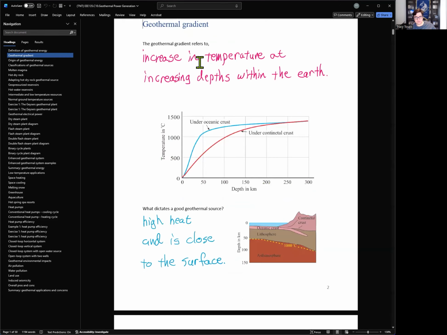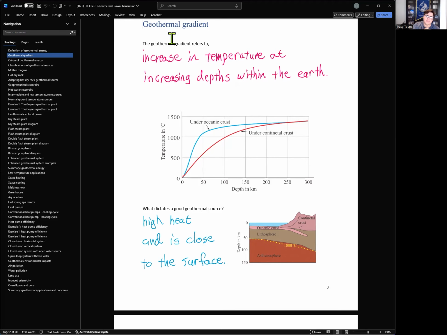Now, the question is how much heat are we talking about? And is there a pattern to the amount of heat? So there's something called a geothermal gradient we have to look at, which gradient typically means a sliding scale, right? Something that increases.